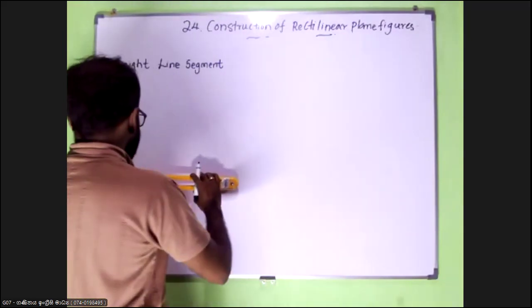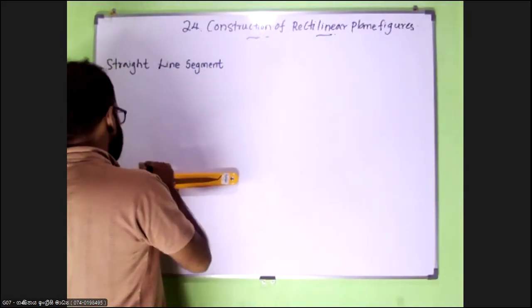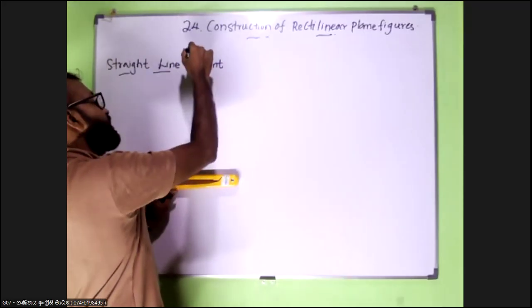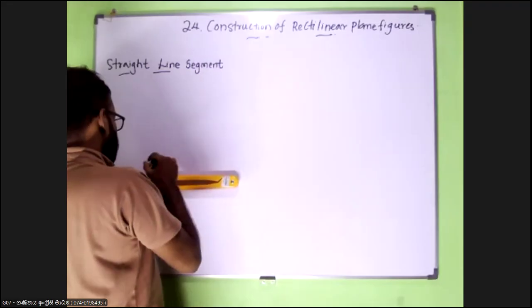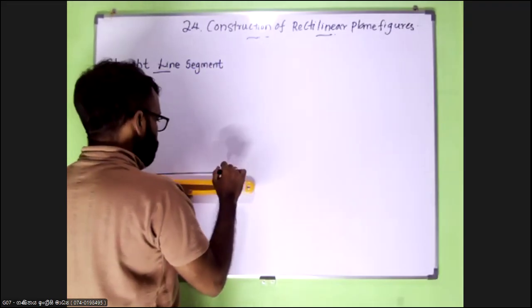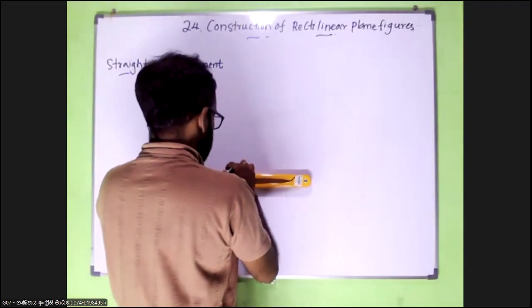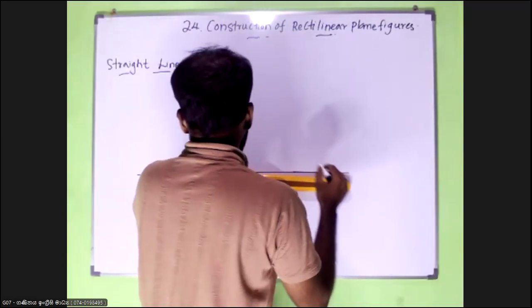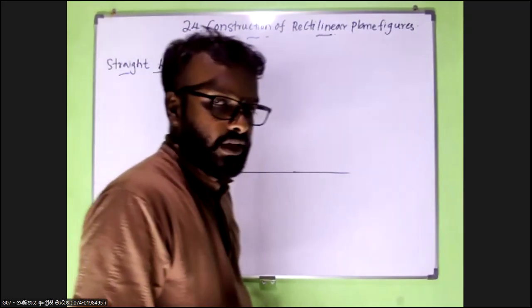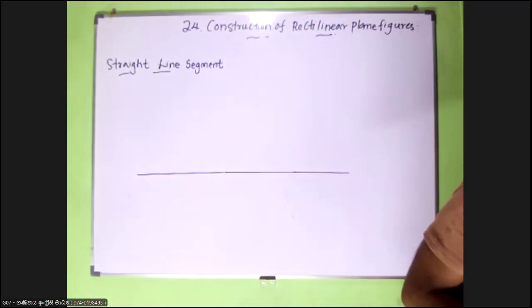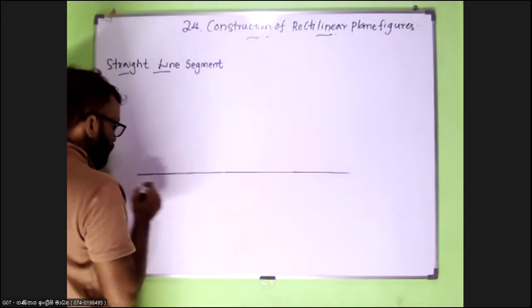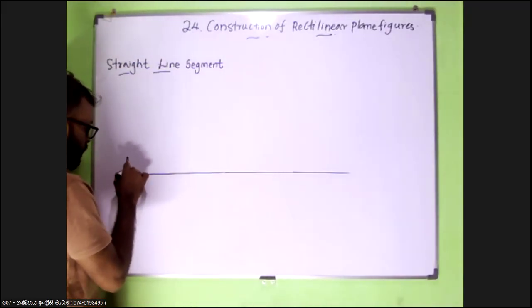So I will draw a straight line like this. We are going to draw a straight line segment. This is my straight line segment, and I have to name it L like this.